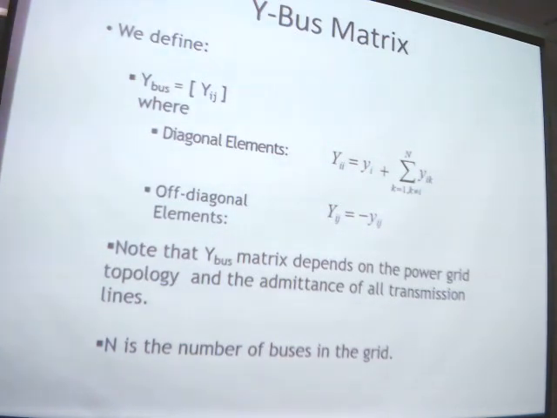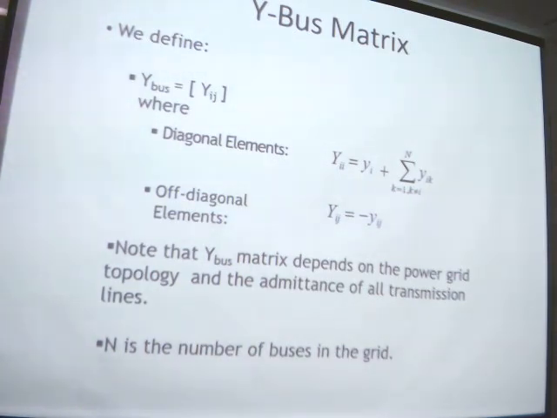For bus A, we assume this is a transmission line admittance. So YAA is what? Y1 plus Y2, because these two are connected and Y3 is not connected to A. And YAB is negative Y1.